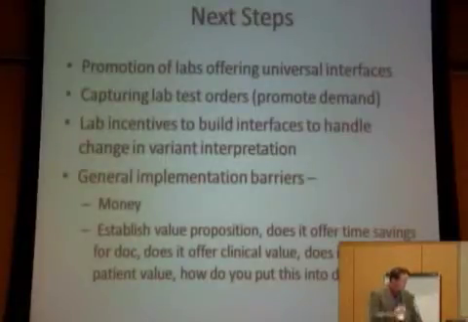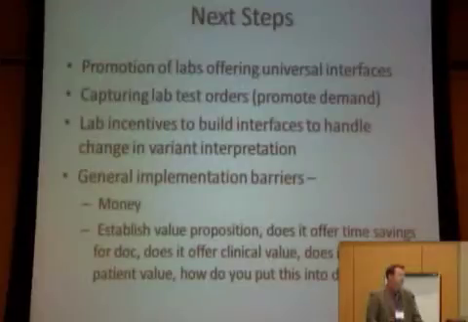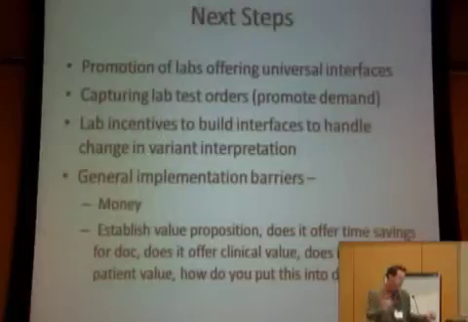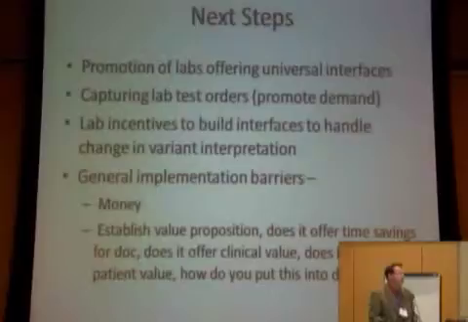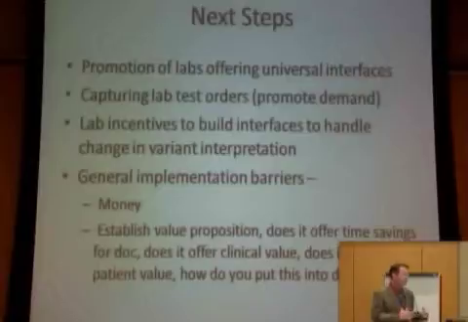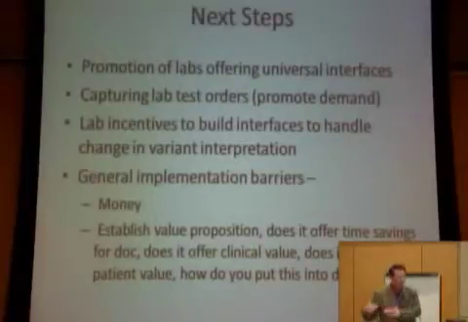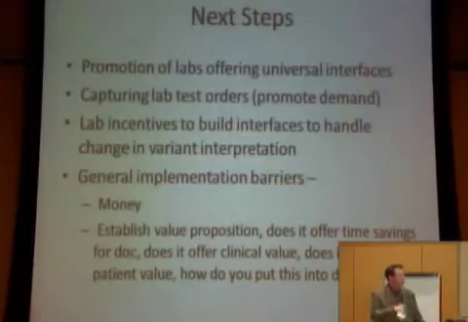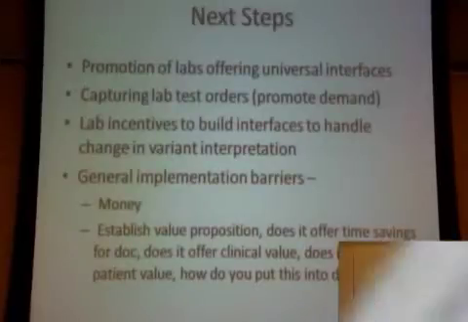So the last thing we have is, what are really the barriers to implementation of these standards and transmitting this data? And it comes down to money. If we want to get the world out there to be able to start exchanging this data, generating it on one end, putting it in some sort of data model, transmitting that data, receiving it on the other end, it all comes down to money. In order to get organizations to be willing to spend that money, we have to give them a value proposition.